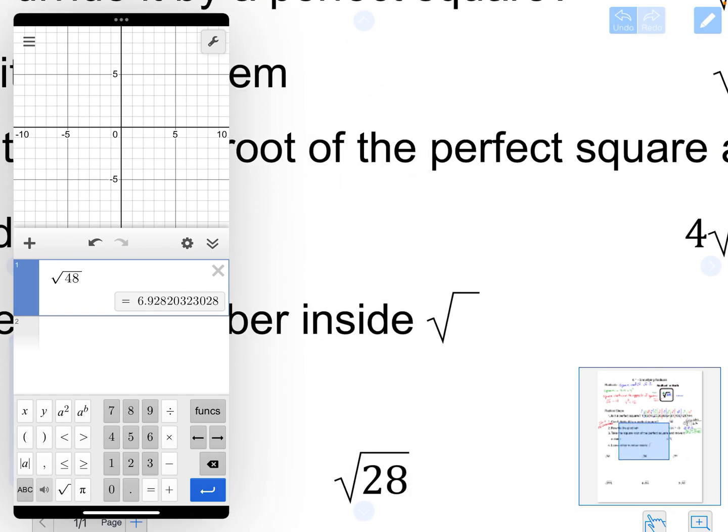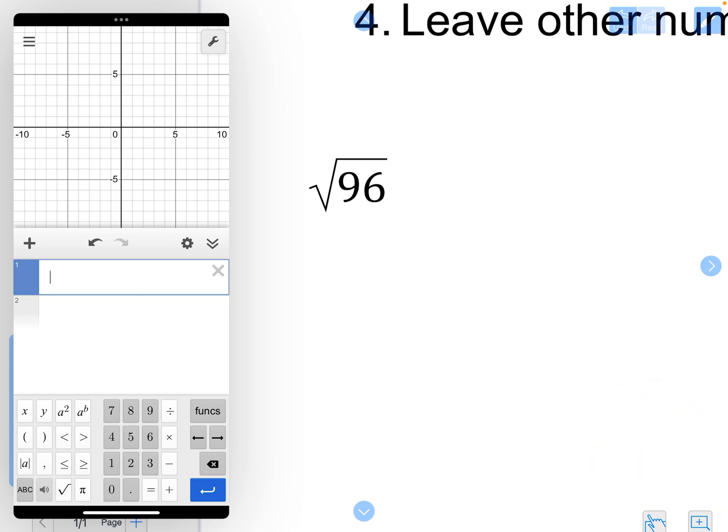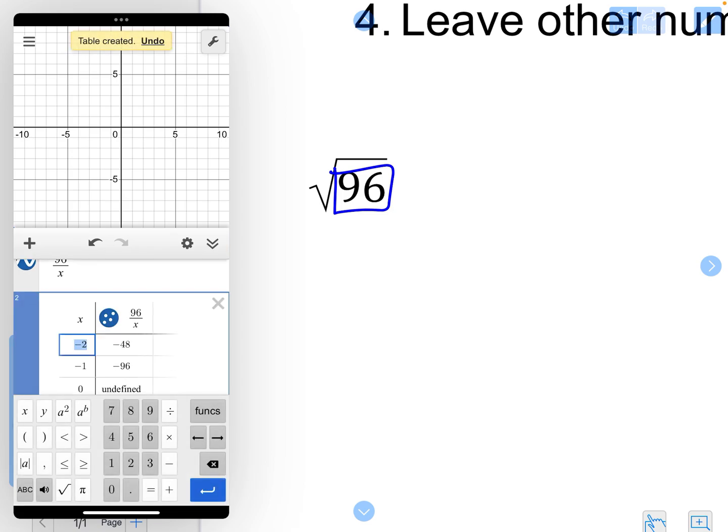So now let's look at a problem and see how we do this. On the Desmos, I'm going to take the number inside the radicand, which is 96, and divide it by X. I'm going to hit my settings button and turn it into a table.